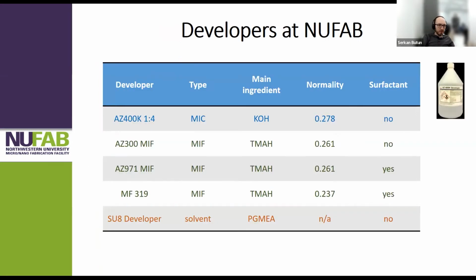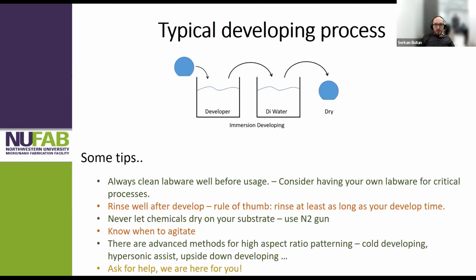If you have questions, by the way, you can just put them in the chat window and we'll try to cover them. So typically what we do, up until now, before we got these automated machines, we have our beakers or containers and dishes on the bench. You fill one with developer, one with the rinsing agent.